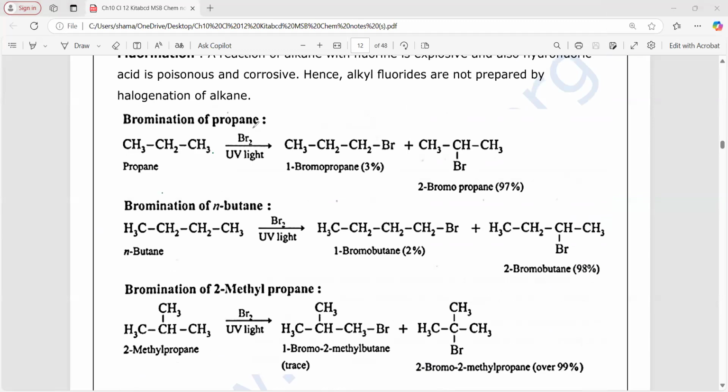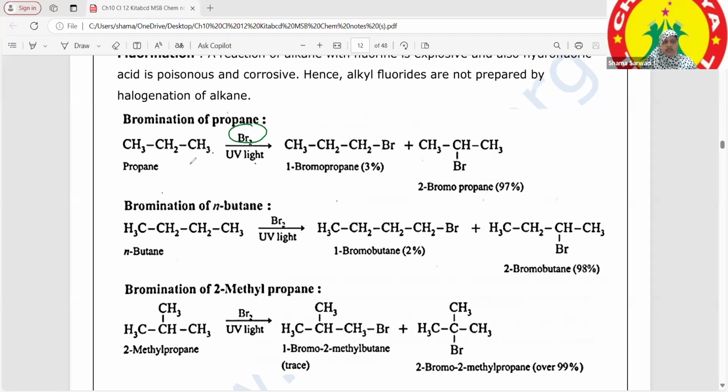Now Br2 in ultraviolet light will remove one of the hydrogens from the primary position and even from the secondary position. Two kinds of hydrogens are available in this compound, right? Because this is primary, this is also primary. So these three hydrogens and these three hydrogens are the primary hydrogens, and these two hydrogens are the secondary hydrogens in this compound, correct?